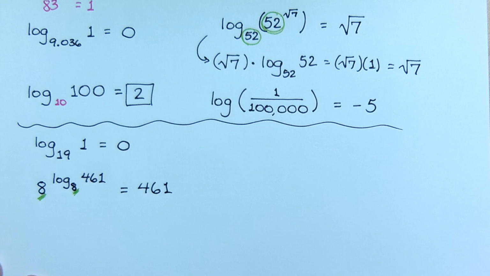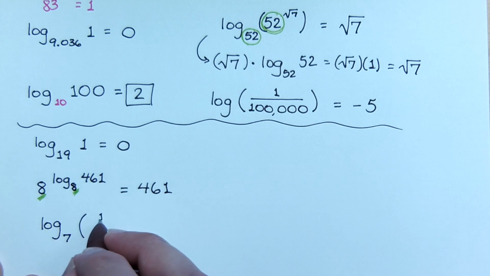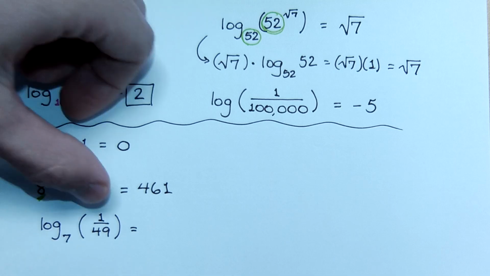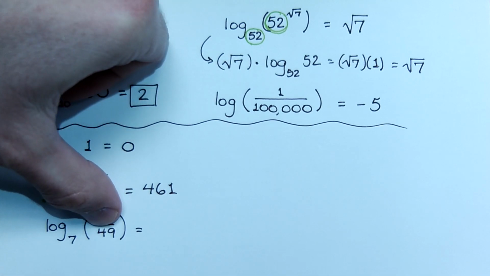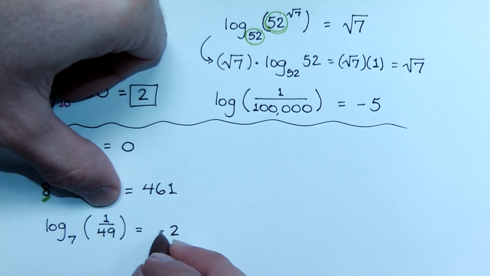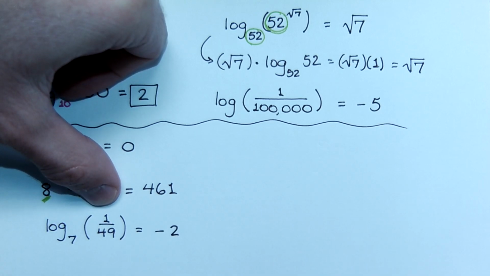Yes? If I say log base 7 of 1 over 49, it's negative 2, because if I look at this, that would be 2, but since it's in the denominator, it's a fraction, it's negative 2. Do y'all agree?